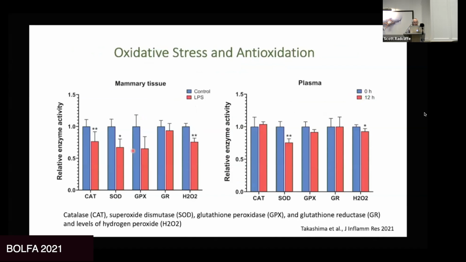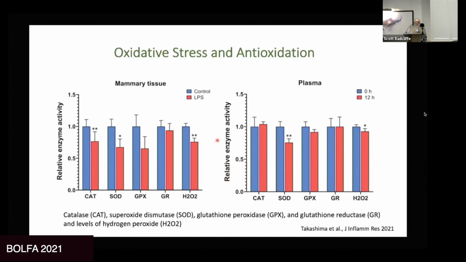We also measured the oxidative stress and antioxidant items. We see there is a significant decrease in catalase and superoxide dismutase, both in mammary tissue and also SOD in the plasma. So that indicated the decrease of antioxidation in those animals.